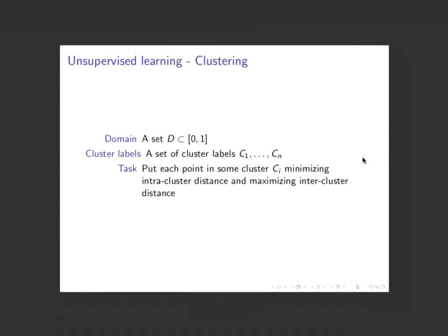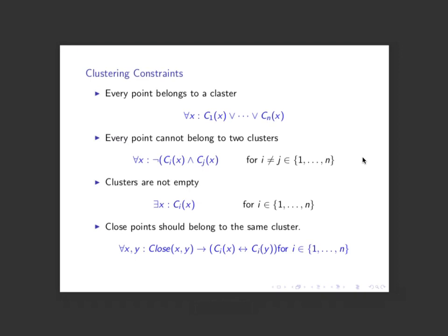And by the way, these should be available in that GitHub repository as examples that you can actually try on the actual TensorFlow implementation. So here we can say that x is in one of the classes. Every point cannot belong to two clusters. Clusters are not empty. And you can think of different definitions of closeness and so on.